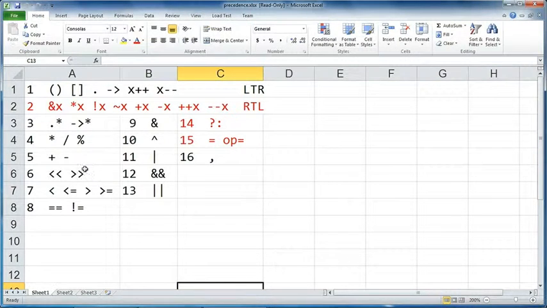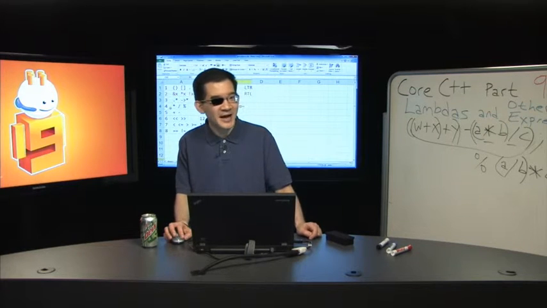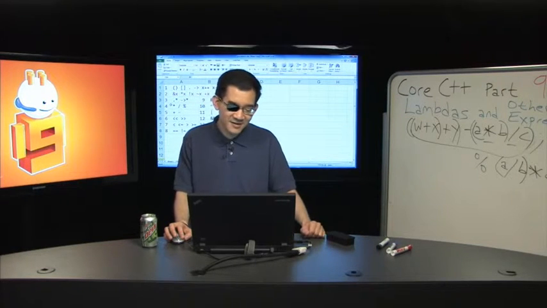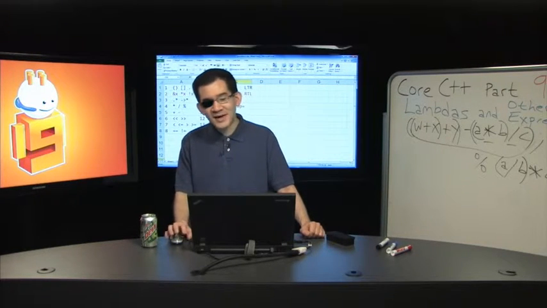Although over the years I've transitioned to writing a few more parentheses than is strictly necessary, especially when it comes to the logical operators. But like, and binds more tightly than or, and multiplication binds more tightly than addition. So I'm not going to parenthesize something like A plus B times C when I want B times C to happen before the addition. So that's how expressions are parsed at compile time.